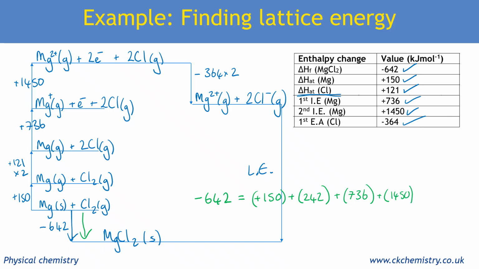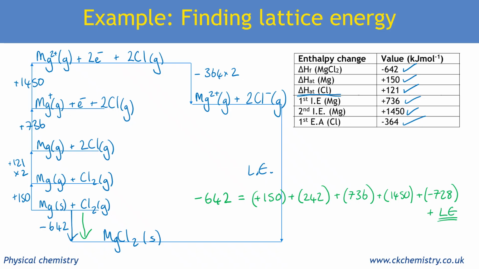Now I'm going down the other side. It's a negative sign, but I'm still adding it, as in I'm not changing the direction of the arrow. So 364 times 2 is 728, but it's negative. So it's plus minus 728. And then plus lattice enthalpy. That's the thing I'm trying to find.